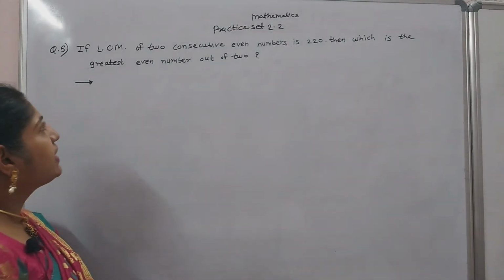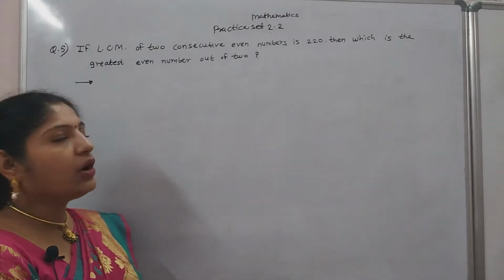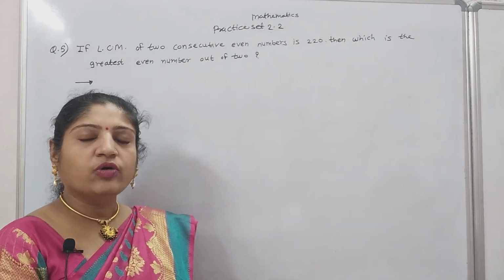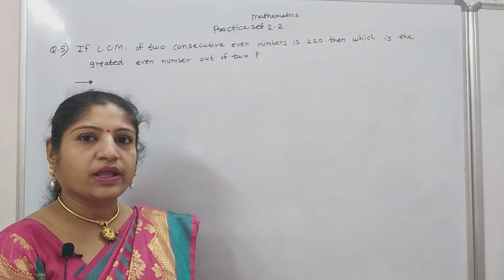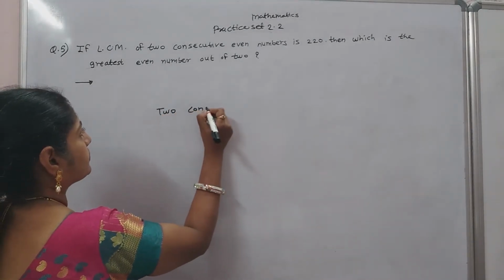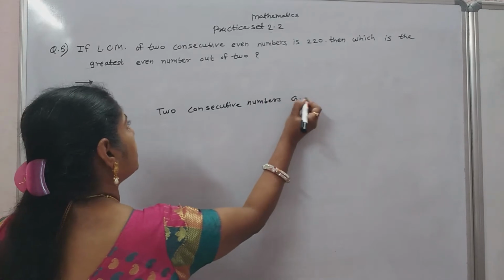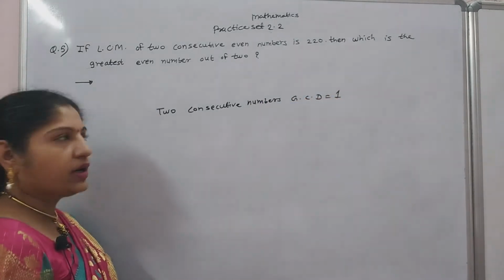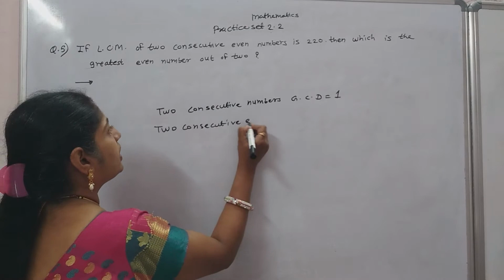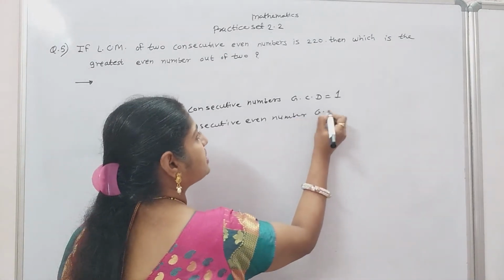Now the next question: if the LCM of two consecutive even numbers is 220, which is the greater even number out of the two? If two numbers are consecutive, the GCD is always 1. But when two numbers are consecutive even numbers, the GCD equals 2.